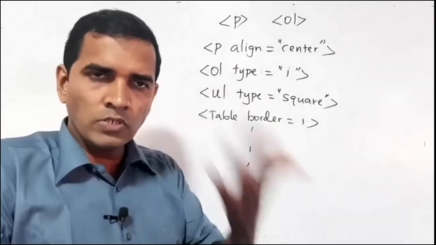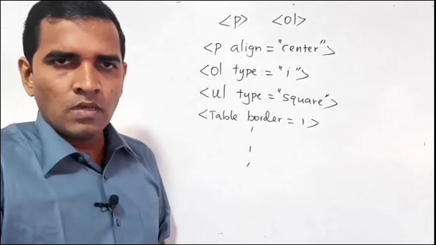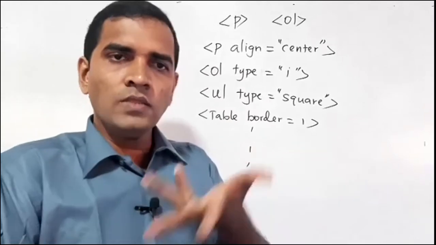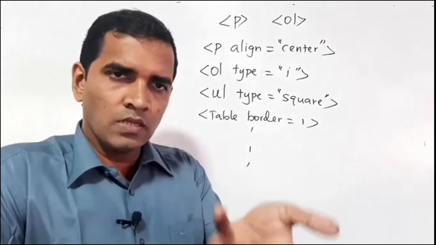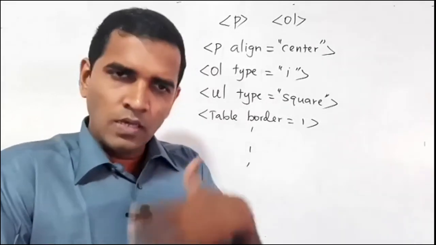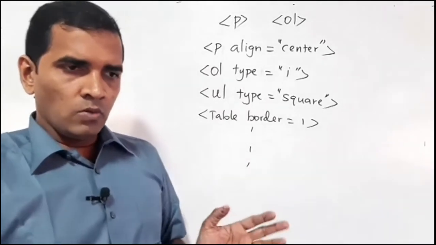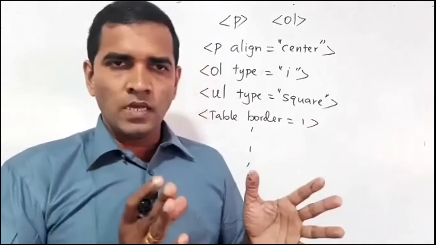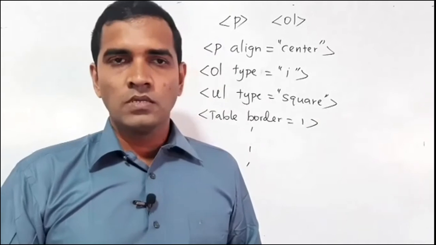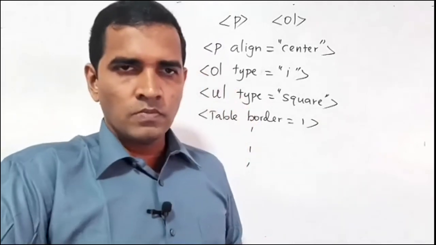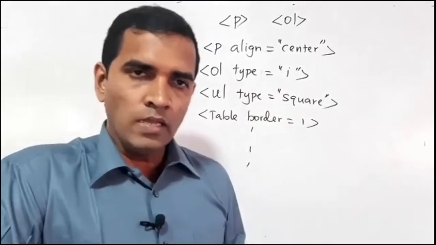I have shown you that the table is there without border. Look at width, height, even cellspacing, cellpadding. They are optional, all of them. So now you must get this idea: attributes are optional, they are not a must. But there are a few instances where attributes are very important for the element.